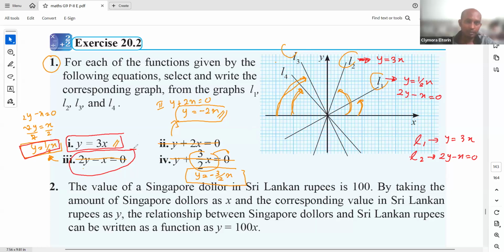Okay, this one is okay, this one is okay. Now look for the other two graphs. Which are the graphs with the negative gradients? y equals minus 2x and y equals minus 3 upon 2x. Which is the highest one, 2 or 3 upon 2?